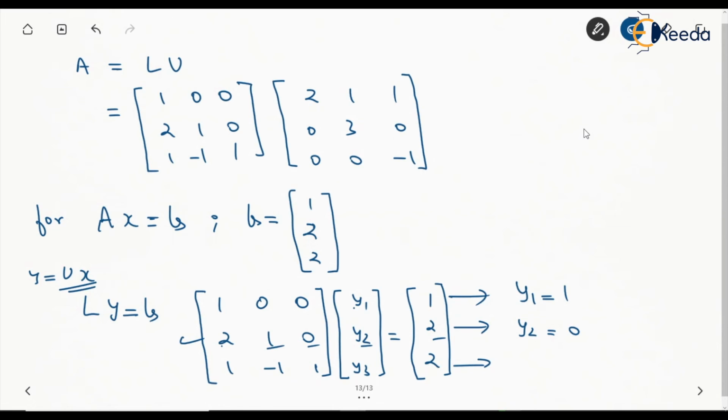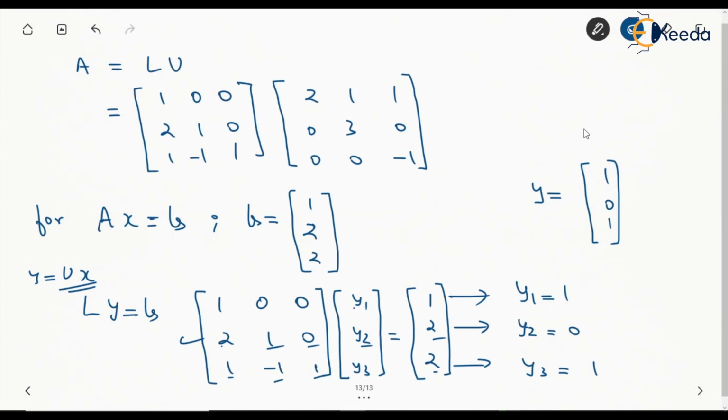We are substituting like we have already done in the Gauss elimination. And the third one is y1 is known to be 1, y2 is 0, so plus y3 is equal to 2, and this gives y3 is equal to 1, right? So we have found y is 1 0 1.